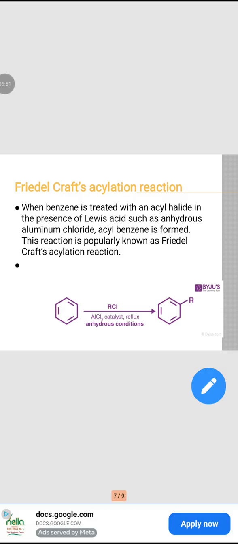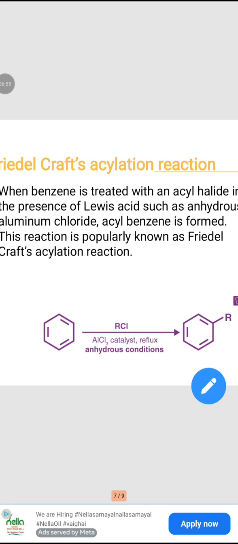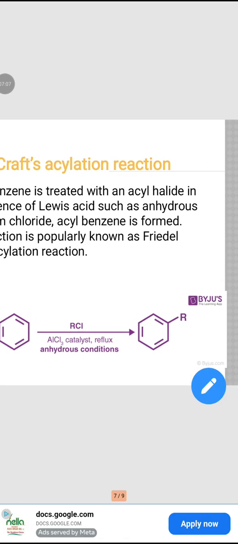This reaction is popularly known as the Friedel-Crafts acylation reaction. Benzene is reacted with RCl, such as CH3Cl or C2H5Cl, with AlCl3, aluminum chloride, as a catalyst. It is refluxed in anhydrous condition to form acyl benzene. Here R is CH3, C2H5, etc.